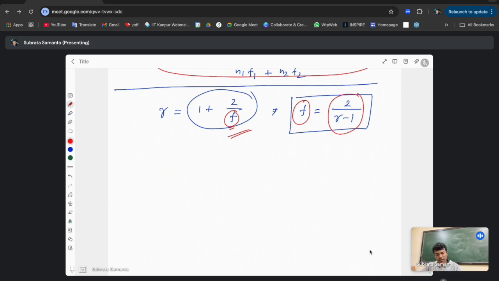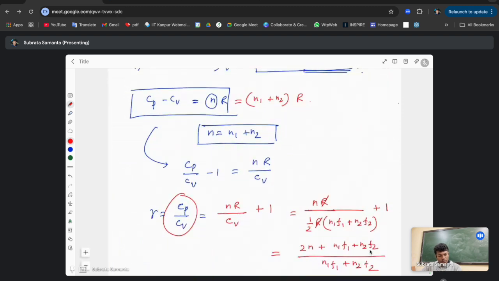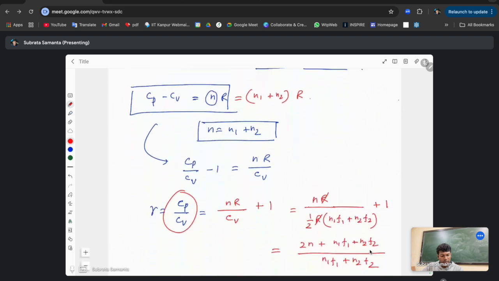So this is basically already there, right? If you look into this, gamma is basically Cp by Cv, and this is nR by Cv plus 1. Now if you consider a system where there are only f degrees of freedom, then Cv is basically f over 2 times nR, right?